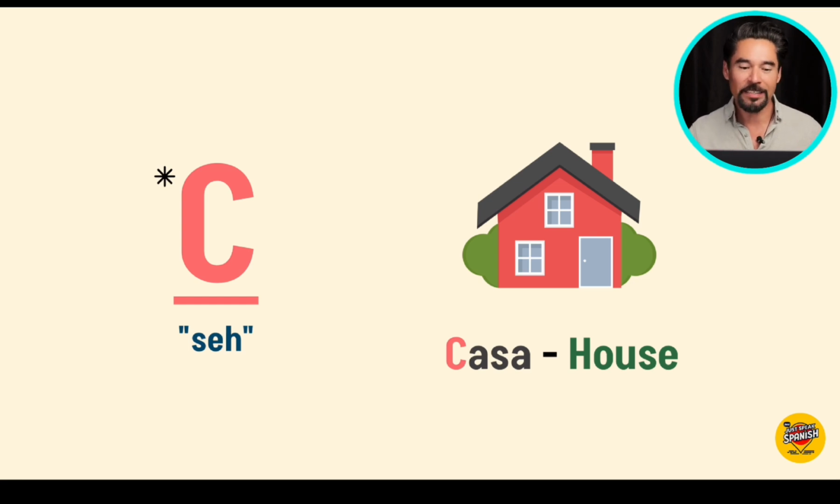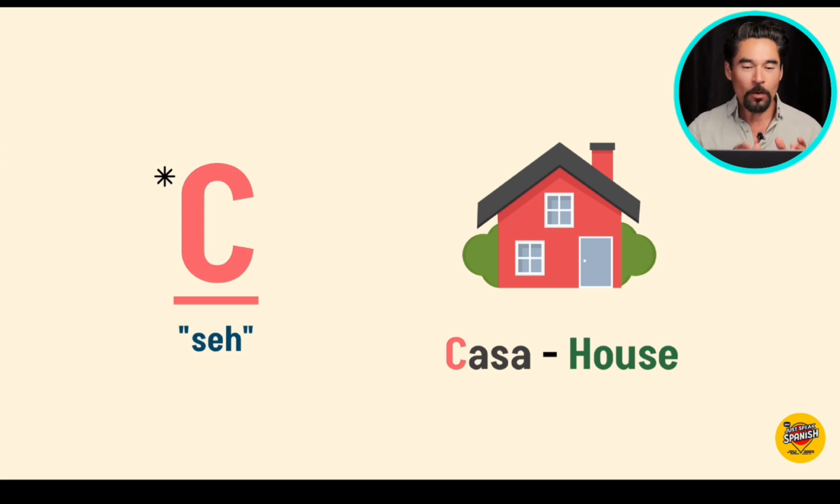Okay? We'll go to the next, which is C. In Spanish it is se. Se. And you see that little special symbol, kind of like a star, right next to the letter C. This is because the C in Spanish has a lot of rules when it comes to which vowel follows it.